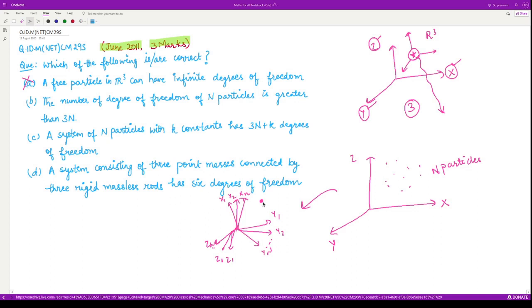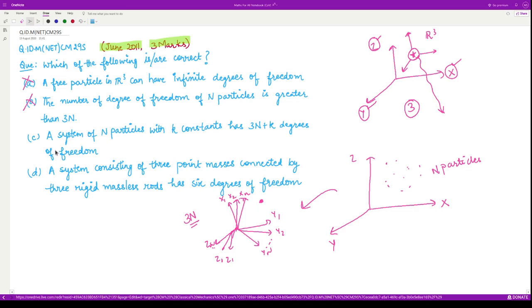So the degree of freedom for this particle in this configuration space is exactly equal to 3n, because there are n particles and these are specified in these 3 independent directions. Therefore, the number of degrees of freedom is not greater than 3n, but it is equal to 3n. So this option is also incorrect.